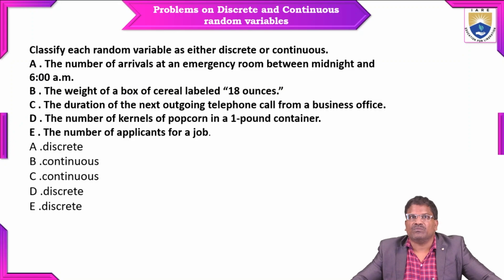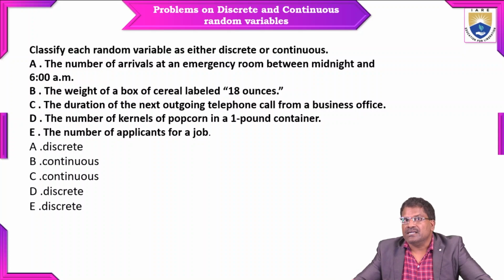Now let us see one more. Classify each random variable as either discrete or continuous. By seeing that, we have to tell whether it comes under discrete or continuous.